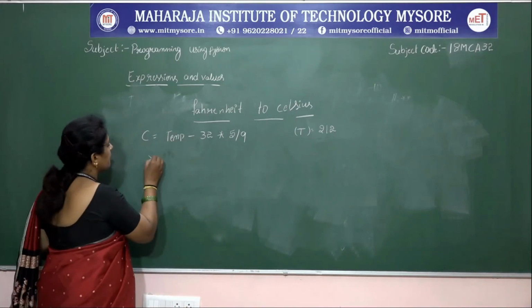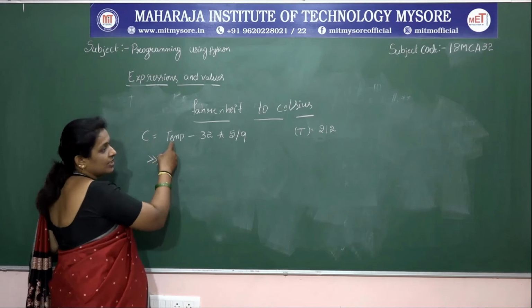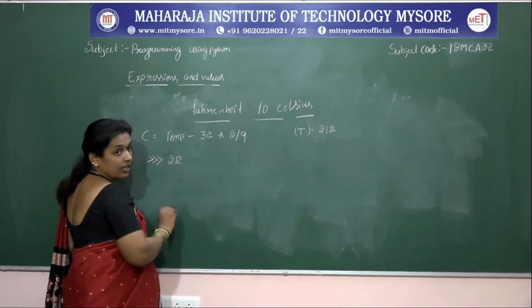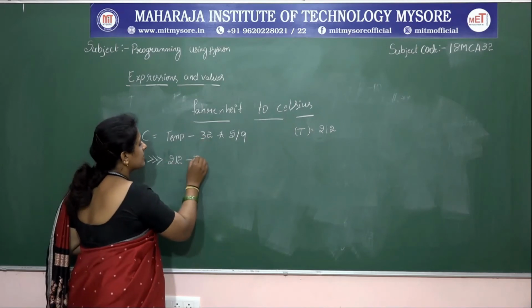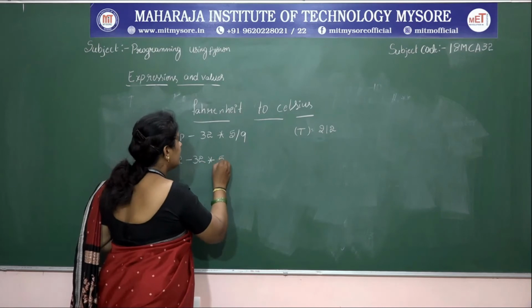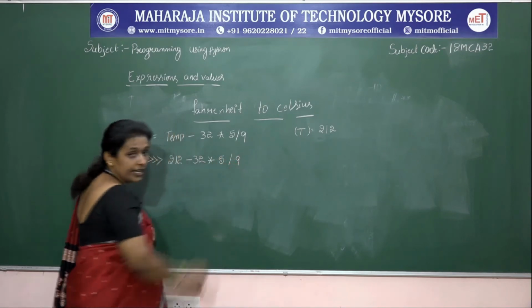So I have a formula, and I am going to apply the temperature to this formula. What is the temperature value? Here it is 212, then minus 32 multiplied by 5 divided by 9.